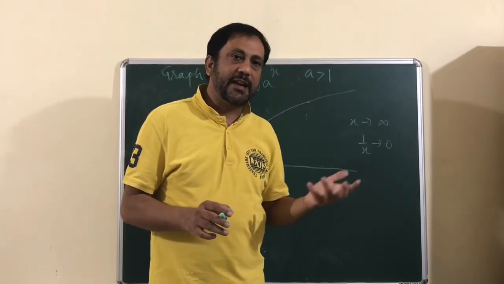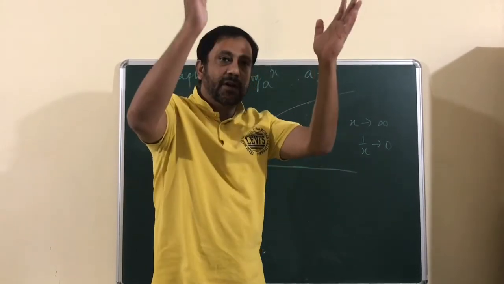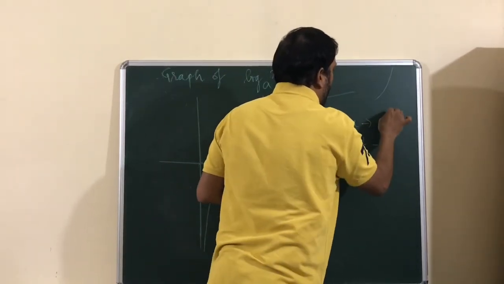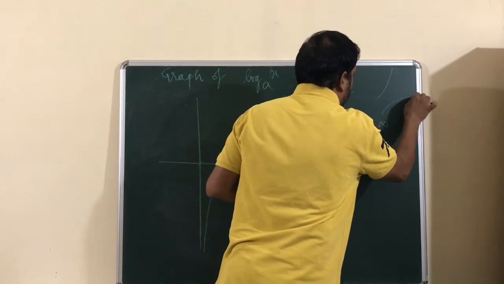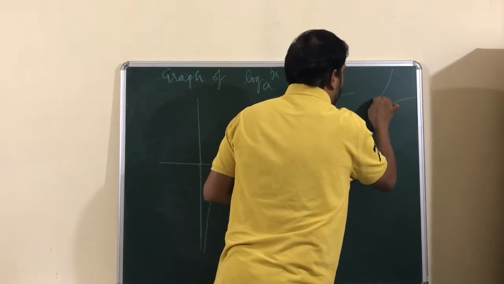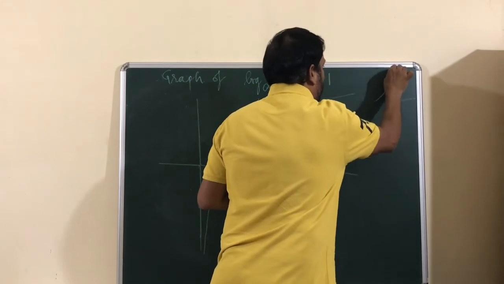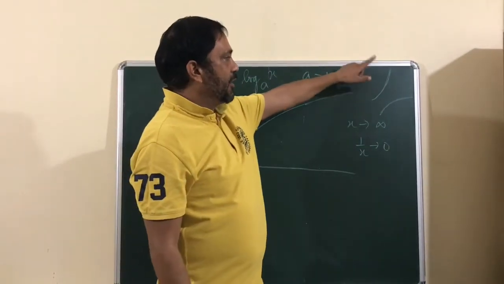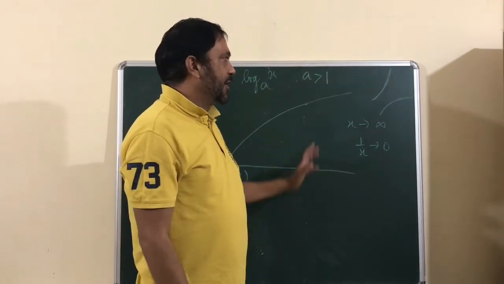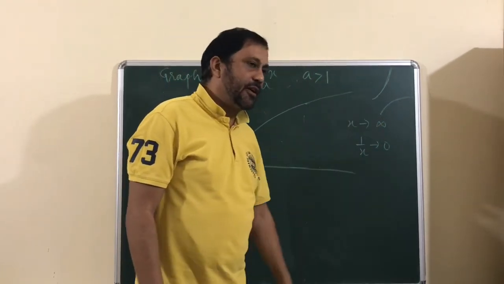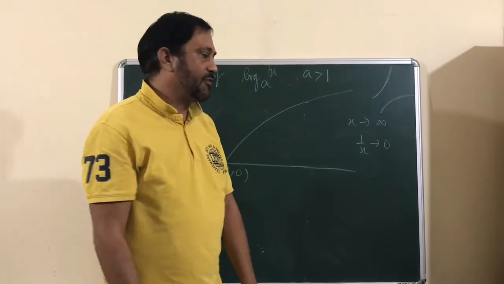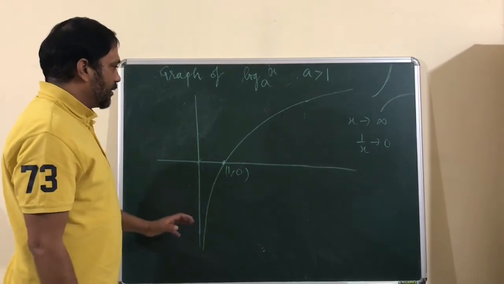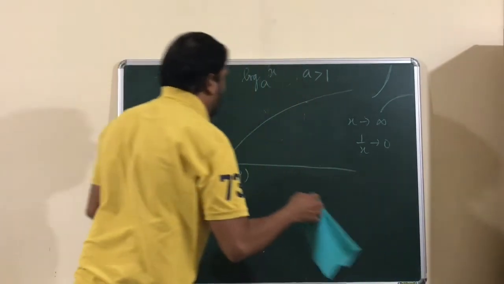So a raised to the power x will shoot up at infinity, going like this, and log x base a will be going like this, horizontal, and a raised to the power x will be vertical at infinity, because the derivative of a raised to the power x goes to infinity as x tends to infinity, and the derivative of log of x base a goes to 0 at infinity. So you can remember this interesting thing about log of x base a.